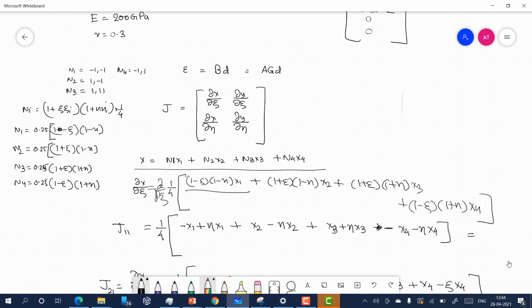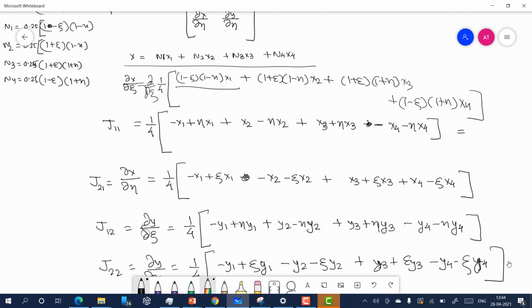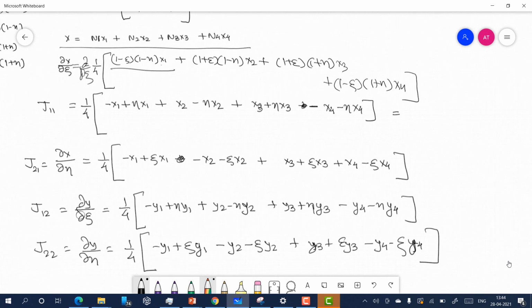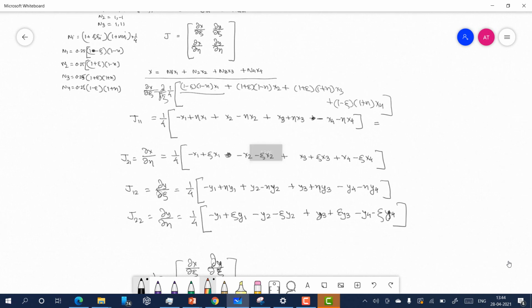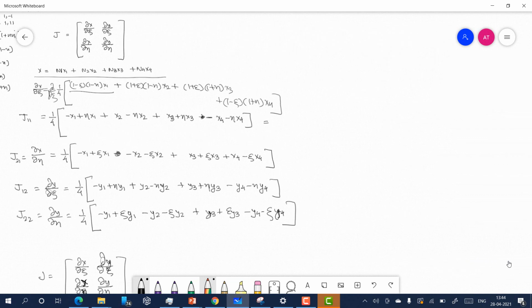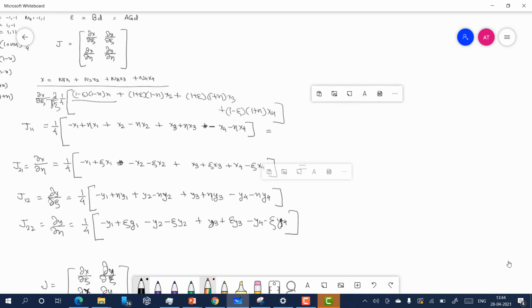Yeah, so what we can do is, let us look at this matrix here. Let us look at the components here, J11 and all. Let us look at J11. So J11, I can write it as 1 by 4, and then let us try to keep x1, x2, x3, x4 out.